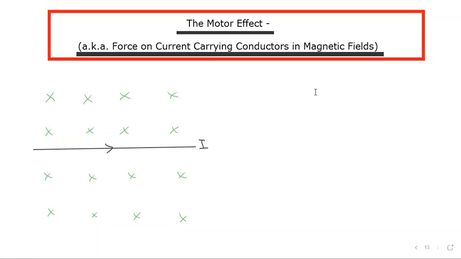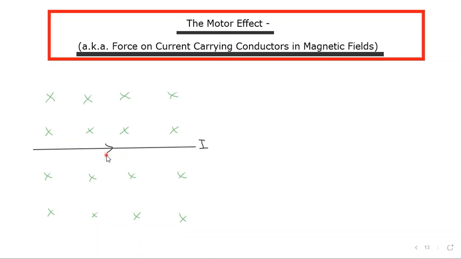Now we'll take a look at what is famously known as the motor effect. The motor effect is a fancy name that really is examining the force on conductors that carry current in magnetic fields. So over here, we have a conductor. This line represents a wire.